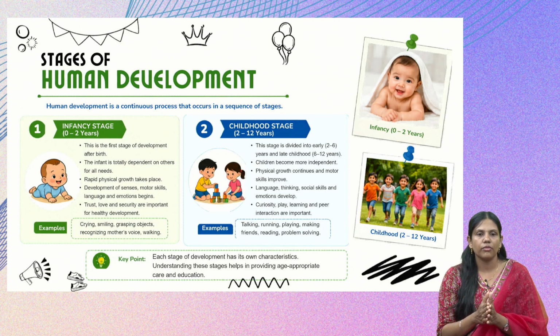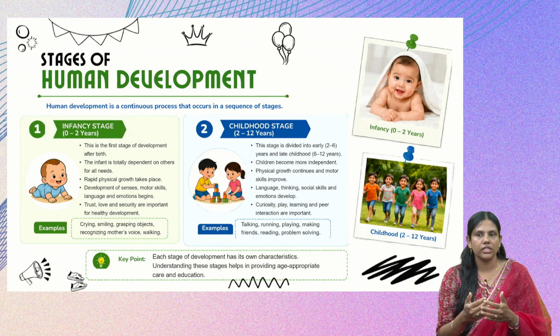The child is dependent on other people, mostly the family. But at this stage, physical growth is very rapid. They develop the senses, motor skills, and language, and emotions begin in this stage. The concepts of trust, love and security are important for the healthy development of the child.